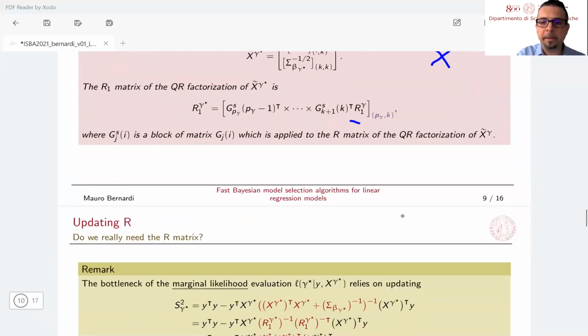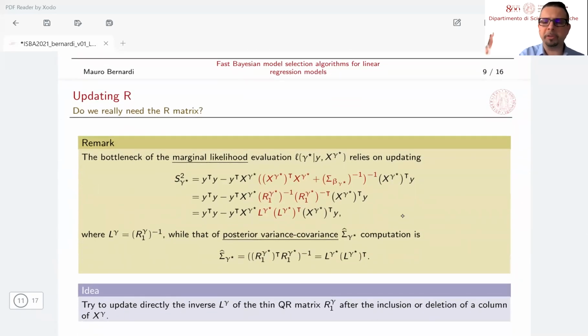Okay? So if we go back to the evaluation of the marginal likelihood, we see that the evaluation of the marginal likelihood relies on the evaluation of S gamma star squared, which depends on the posterior variance covariance. But if we perform some calculation, we easily see that S gamma star squared depends on the inverse of the R1 matrix. So L, in this case, is the inverse of R1.